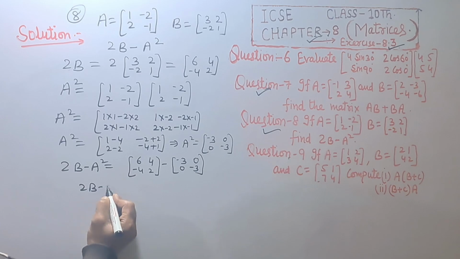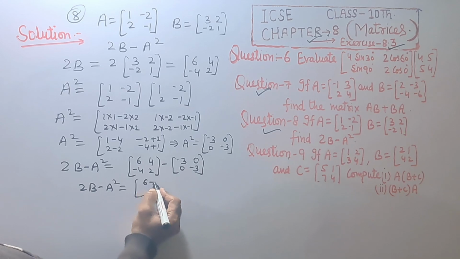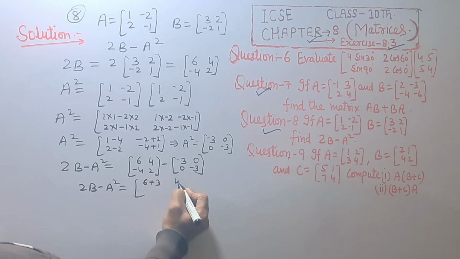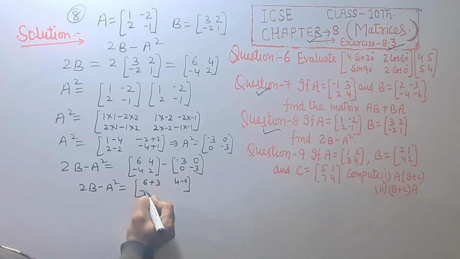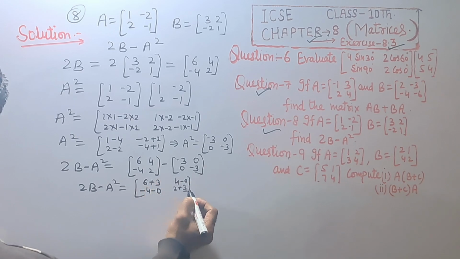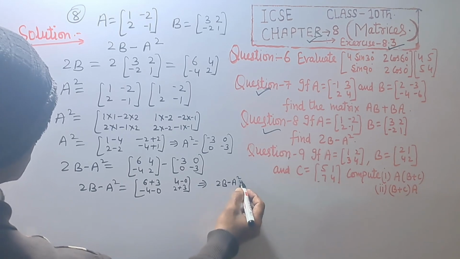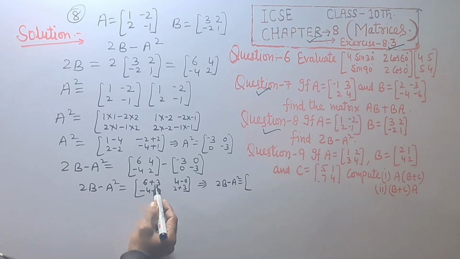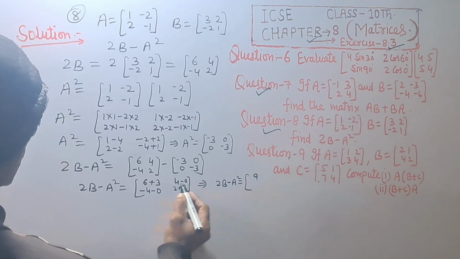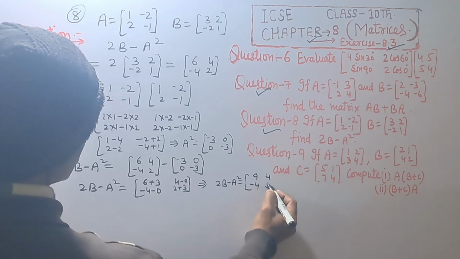So 2B minus A squared equal to 6 minus minus plus, that is 6 plus 3, 4 minus 0, minus 4 minus 0, and 2 plus 3. 2B minus A squared equal to [9, 4; -4, 5].